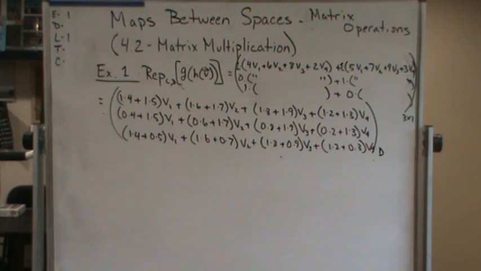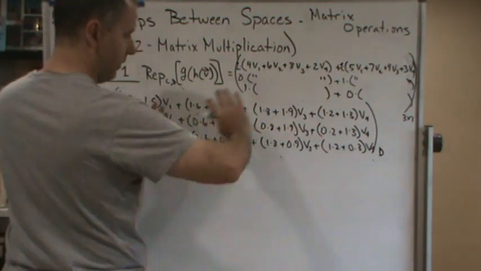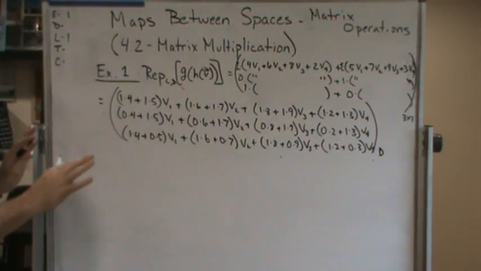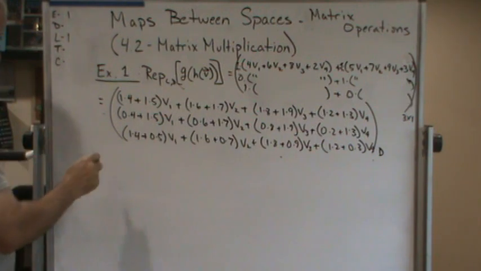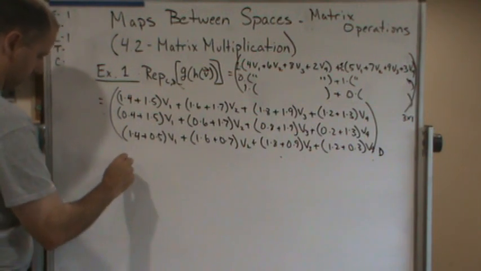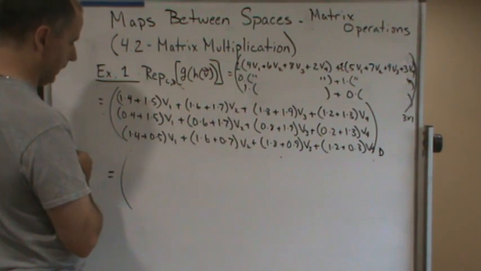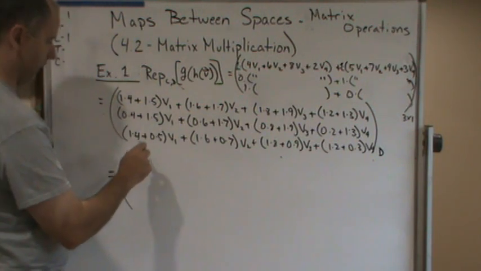Or it gives us this matrix vector product, which now I've got the V1, V2. Now I'm going to undo the matrix multiplication now like this. Because now, let me just write it out.